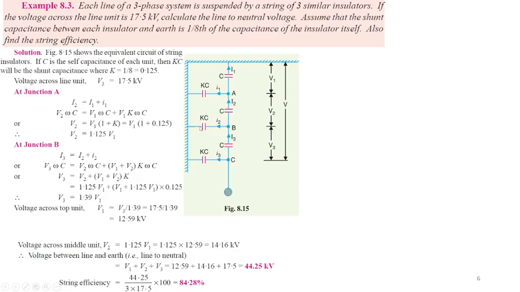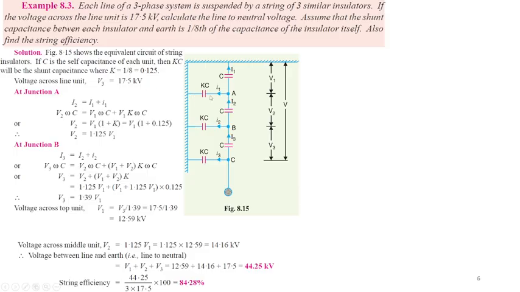In this case, the shunt capacitance is assumed to be 1/8 of the self capacitance, resulting in K equal to 0.125. Starting from the given voltage across the line unit, V3, we know this voltage is equal to 17.5 kilovolt.